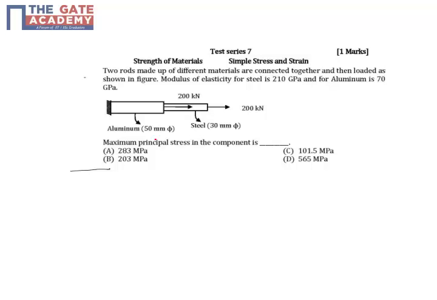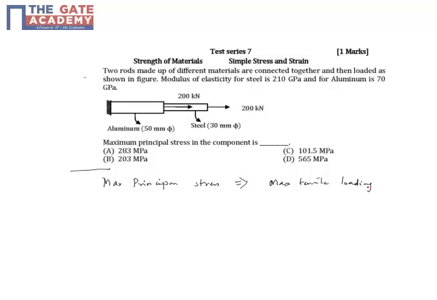Now we need to find the maximum principal stress in this component. Remember that because it's a uniaxial loading, the maximum principal stress is nothing but the max tensile stress, so whatever is max, that is the principal stress.